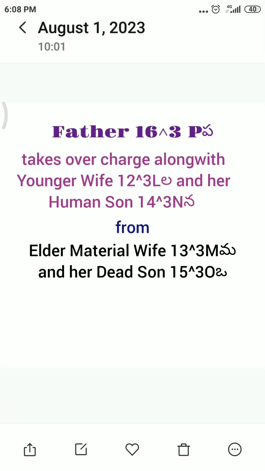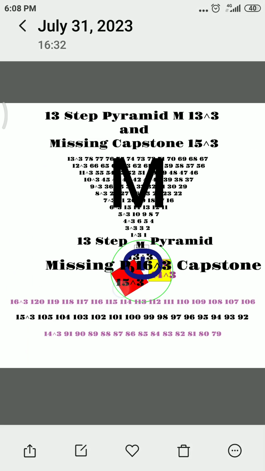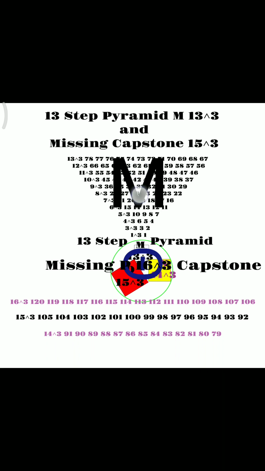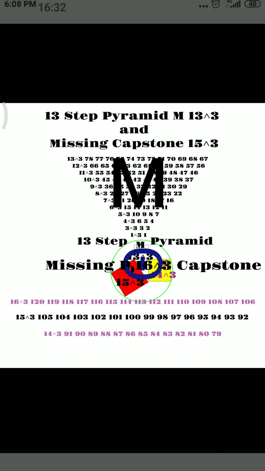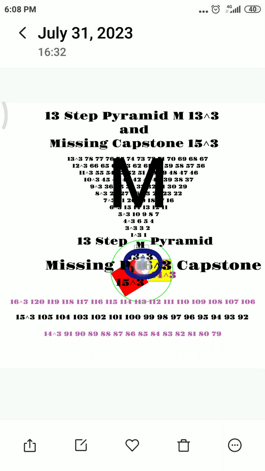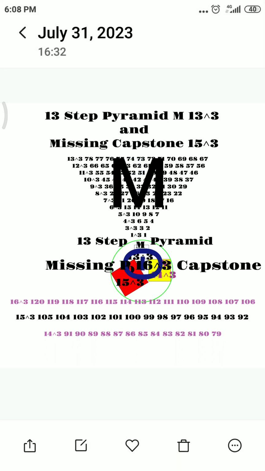Our son is their son. This is 15. This is 13. Their son somewhere here is our son, and this is the 16. 16 and 12 is somewhere here, and the son of 16 and 12 is 14.